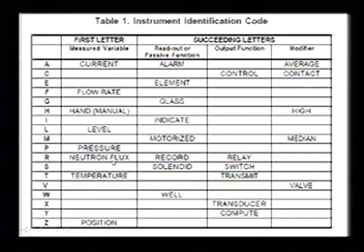If it's an FRR, it's a flow recorder with a relay. S is a solenoid or switch. T is temperature, and a succeeding letter is transmit. So it's a transmitter, a 4 to 20 milliamp transmitter. Then you would have a level indicating transmitter, LIT.